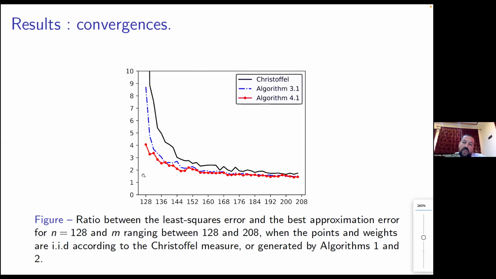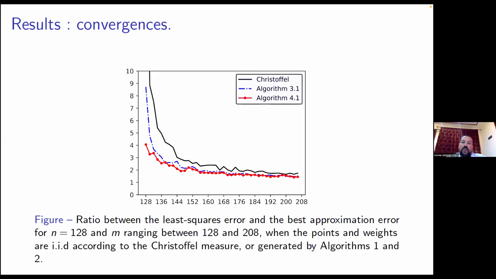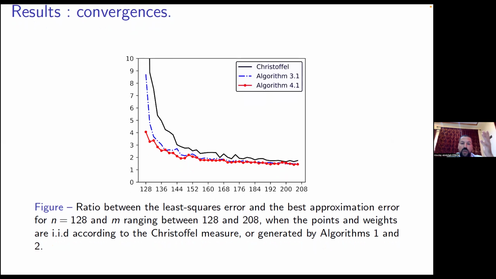And this is a different test. We have also compared the approximation using weighted least squares with samples obtained by Christoffel or by algorithm 1 and algorithm 2. We try to look at an interpolation regime, meaning m close to n. So I keep n equal to 128, but then m ranges between this value and this value.